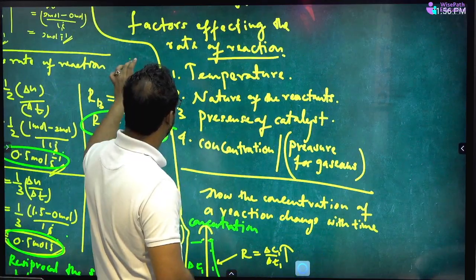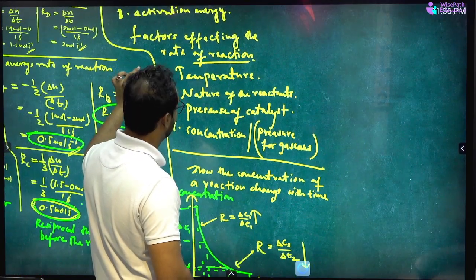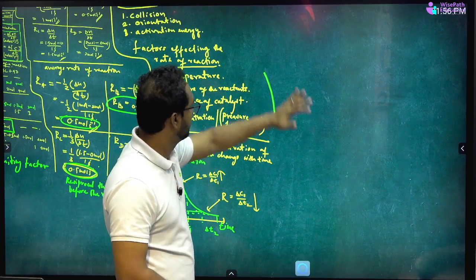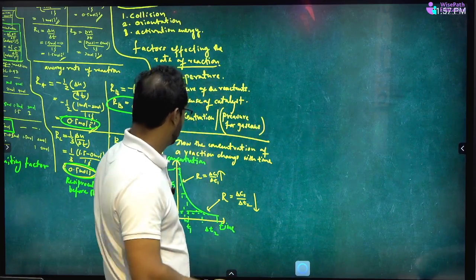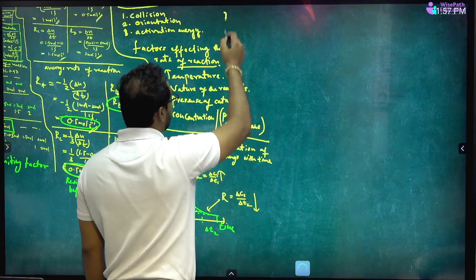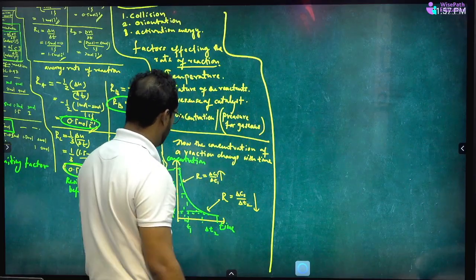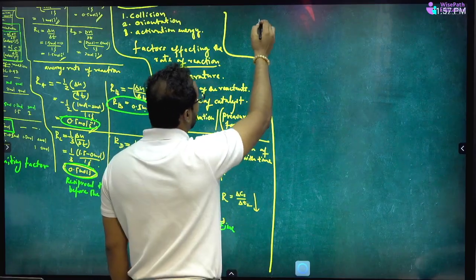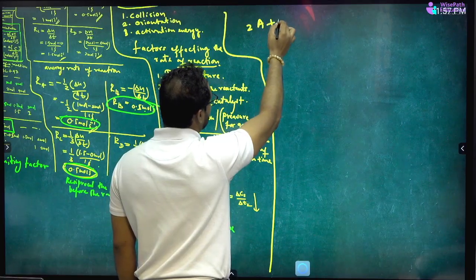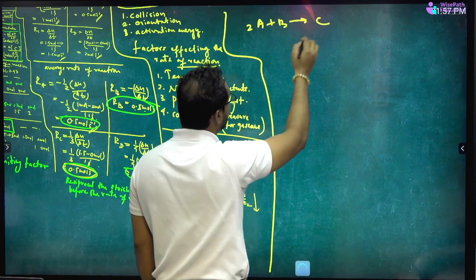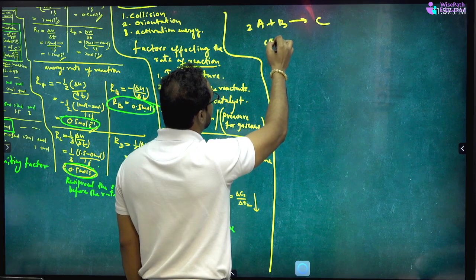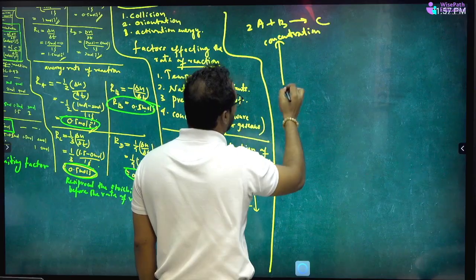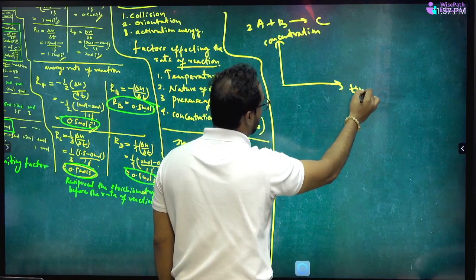Let's come to the rest of the other graphs, right? Concentration and time. Let's say 2A plus B is reacting to give C. Now this is concentration and this is time.